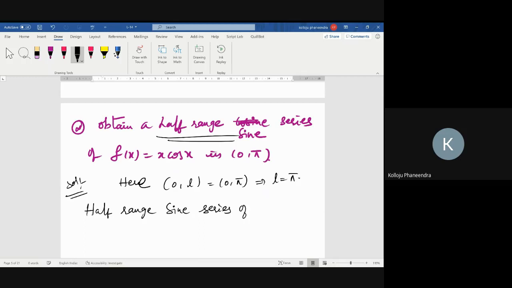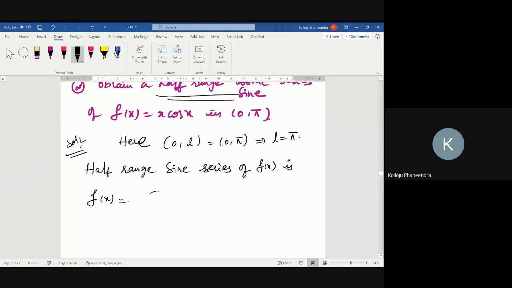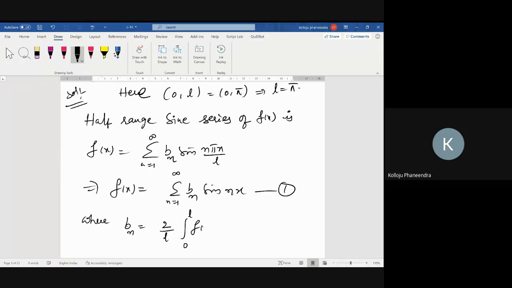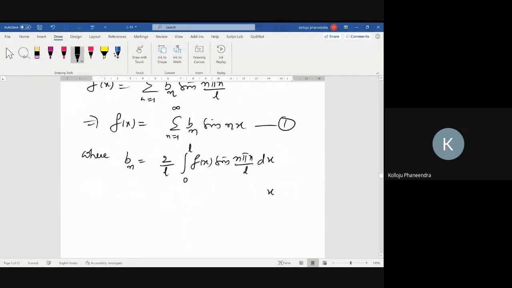The half range sine series of f of x is f of x equal to summation bn sine n pi x by L. The general formula you have to write is sine n pi x by L. This implies f of x equal to summation bn sine n pi x by L, with L value pi. Where, what is the bn formula? One can write directly 2 by L, 0 to L, f of x sine n pi x by L dx.